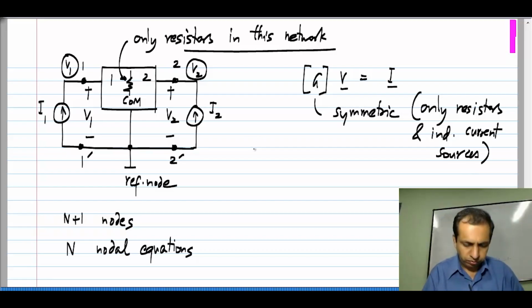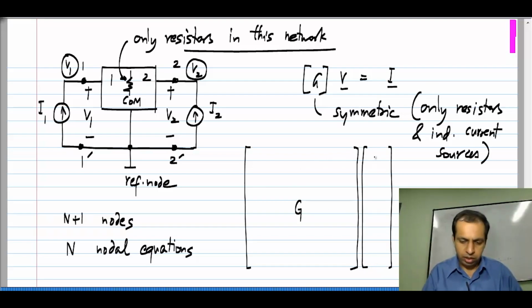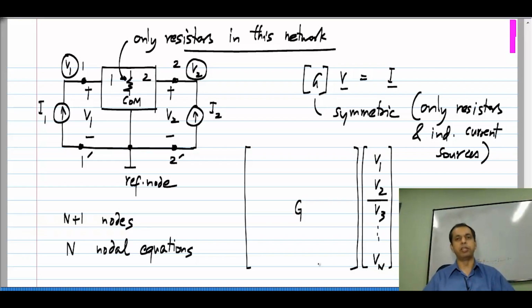Now, let me write this in an expanded form. I have my G matrix here and I have my voltage vector V1, V2, which correspond to the 2 port voltages, and after that I have V3 all the way to Vn. Remember, this is an n plus 1 node circuit. So, there are n node voltages and n independent KCL equations.